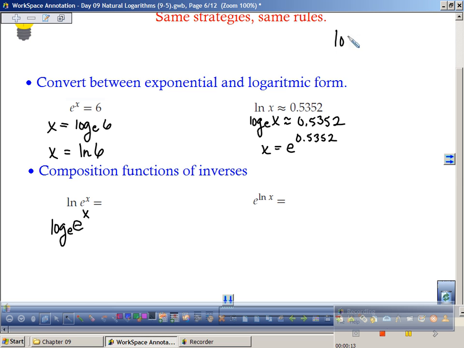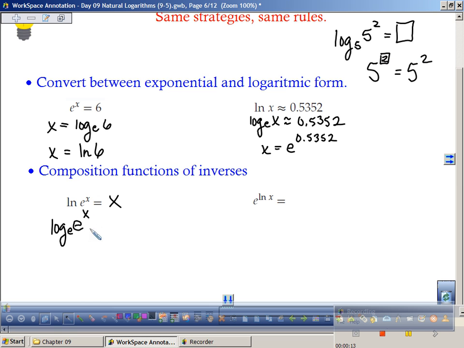Okay, so what if I had this? You guys know this? Log base 5 of 5 to the 2. What's that? 2. If I don't know what this is, then it's 5 to the exponent equals... that's how we get 2.